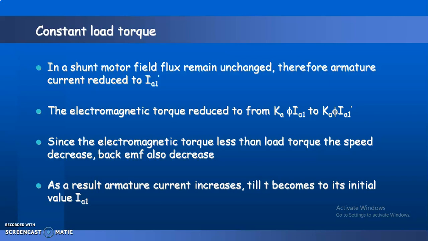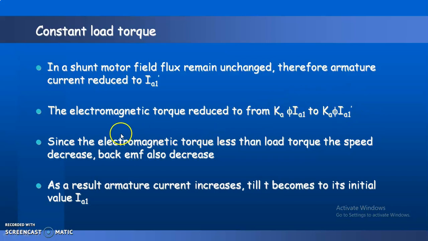That means the electromagnetic torque is reduced: this is the first torque and this is the second torque. K is the motor constant, φ is the shunt motor flux which is constant. We are changing the current Ia1 to Ia1 dash. Here Ia1 dash is less than Ia1, so the electromagnetic torque in the second case is smaller than the first case.